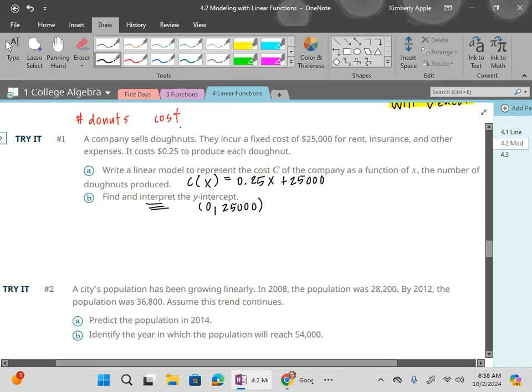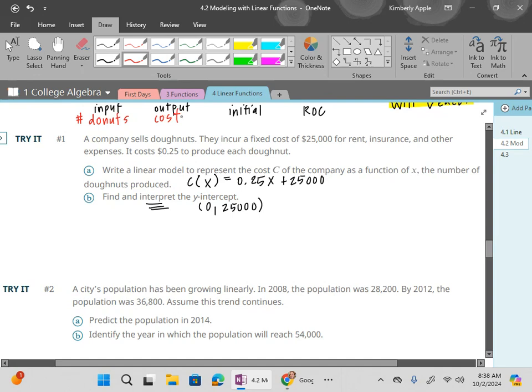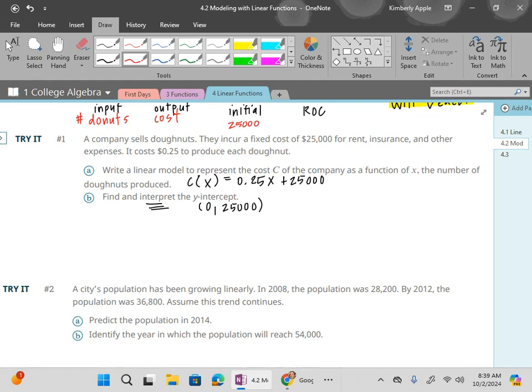The cost depends on the number of donuts. So this is going to be the input, and this is going to be the output. Then I'm going to have an initial value and a rate of change. If the output is the cost, what's the initial cost? Well, with no donuts sold, we have a cost of $25,000 because they've got to pay the rent, the insurance, the power bill and all that, even if they don't make any donuts, right?